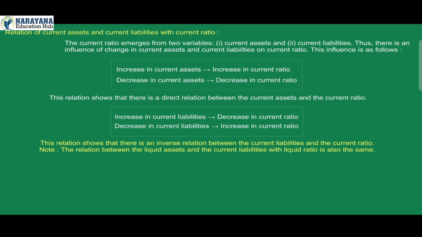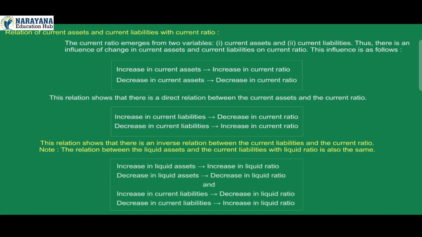Note, the relation of liquid assets and current liabilities with liquid ratio is also the same. Increase in liquid assets, increase in liquid ratio. Decrease in liquid assets, decrease in liquid ratio. Increase in current liabilities, decrease in liquid ratio. Decrease in current liabilities, increase in liquid ratio.